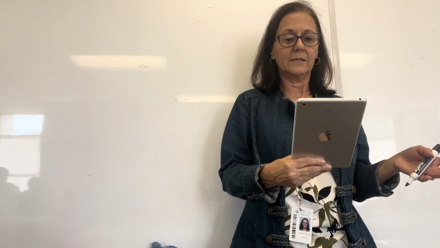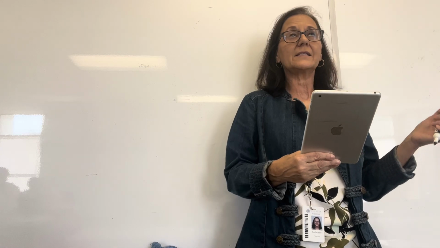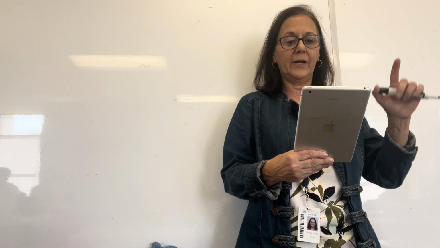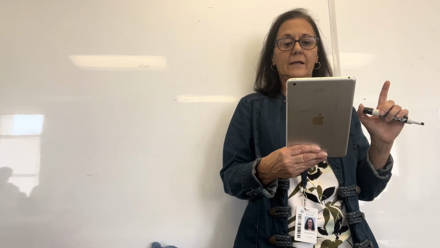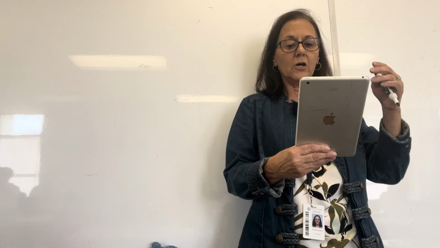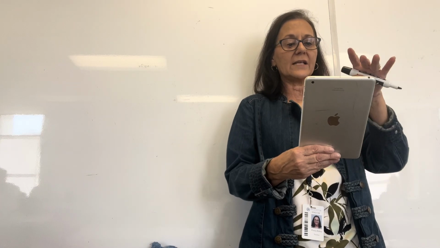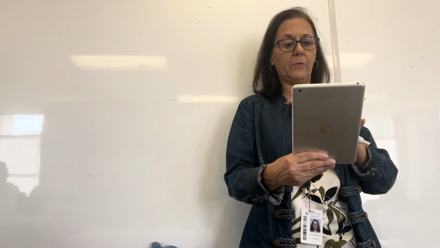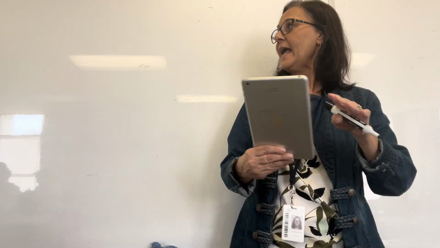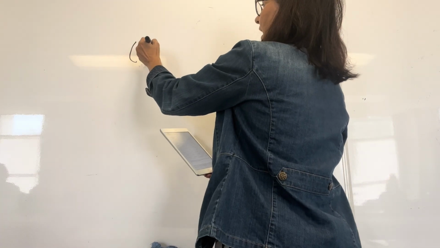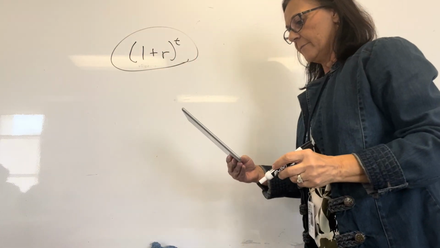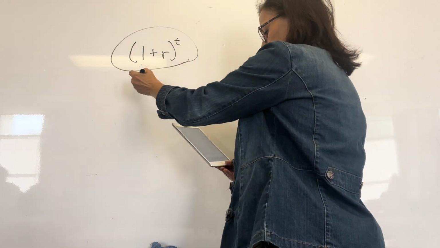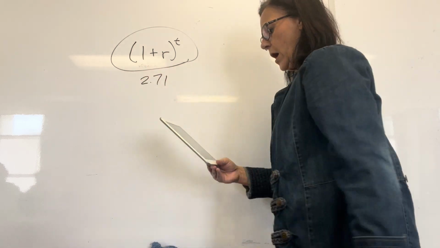All right, so the compounding period is N, right? N is the number in that period. And so it's 1 plus 1 over N raised to the N. Look what happens to the number as we compound more frequently. By the time we get to daily, what's inside the parentheses is 2.71.